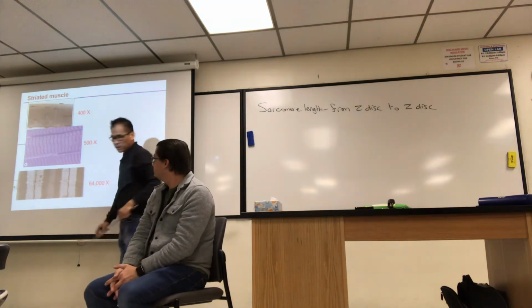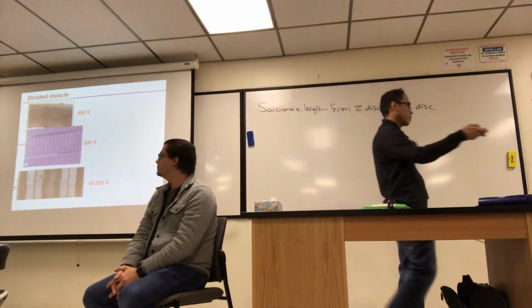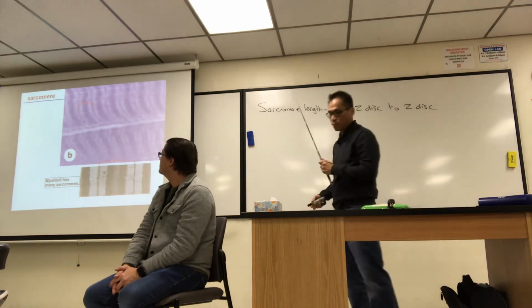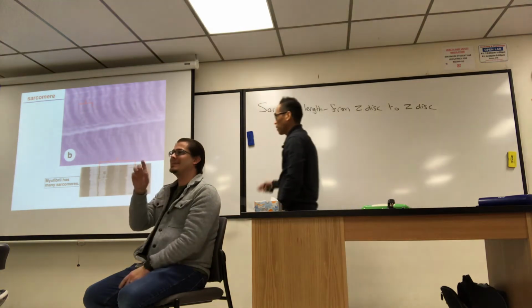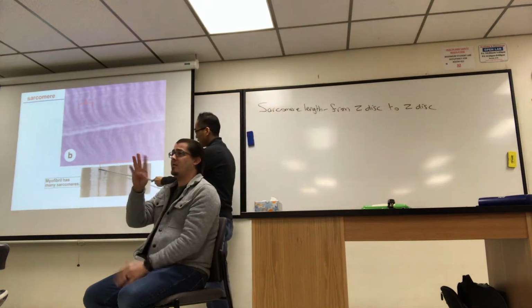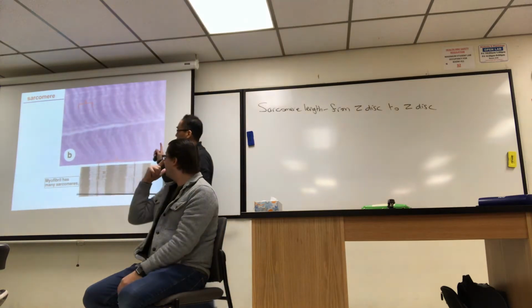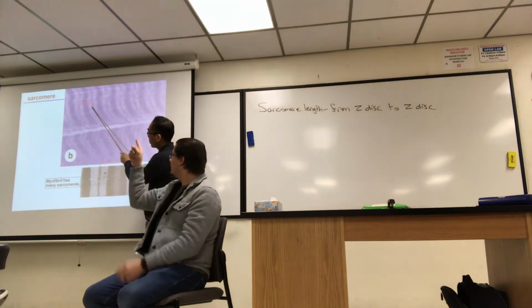Let me advance the slide here. What I did was put brackets as a guide to show you the Z-disc on the 64,000x, Z-disc to Z-disc, that's the sarcomere length. On this one I blew up from the previous slide, there it is there, there it is there.